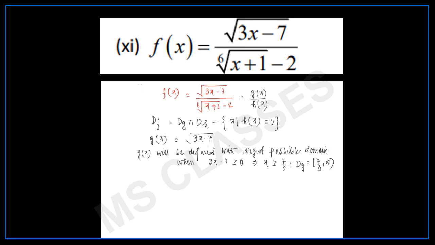Next, h(x) is equal to 6th root of (x plus 1) minus 2. Now, when will this be defined? First of all, x plus 1 has to be greater than or equal to 0.